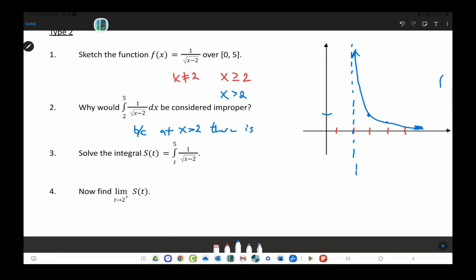There is an infinite discontinuity. So solve for the integral just from t to 5 instead of from 2 to 5.